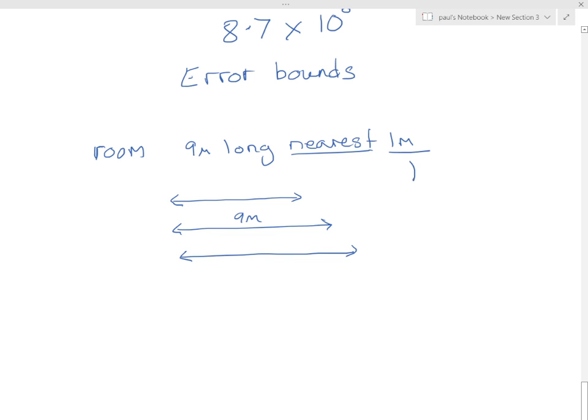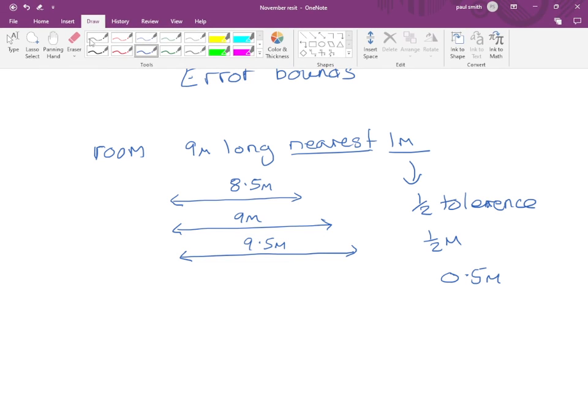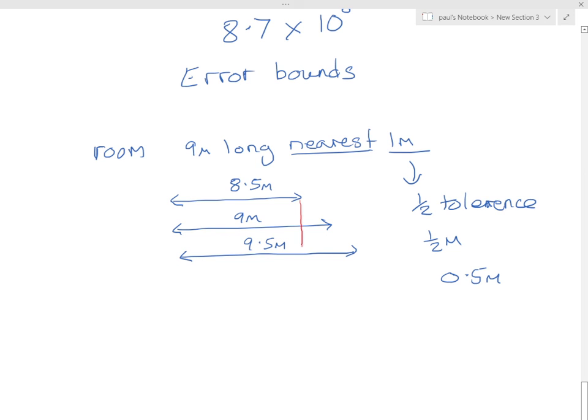Not by a meter, half the tolerance. So it's half a meter or 0.5 of a meter. Always half of what this is, because then this can be 8.5, the smallest, and this would be 9.5, the longest. And you'll see that the difference between here and here is our 1 meter tolerance.